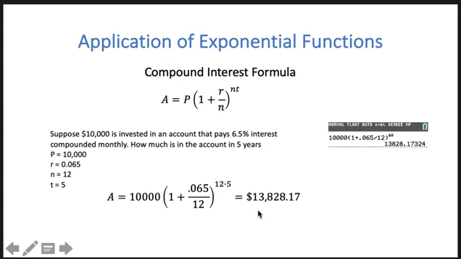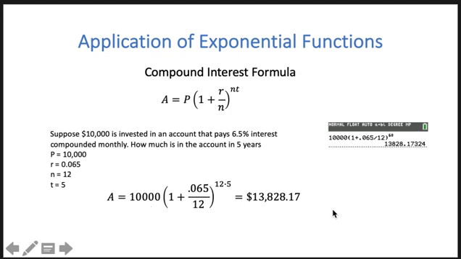But in any case, the answer is that you have earned $13,000. That's incorrect. You have $13,828.17. You've earned $3,828.17 in interest. But this is the total amount in the account. This is including the principal and the interest.